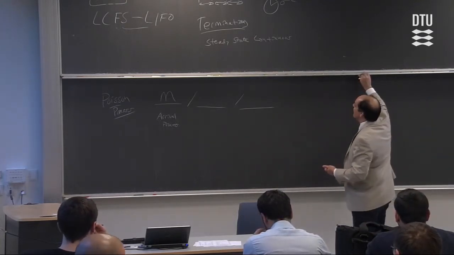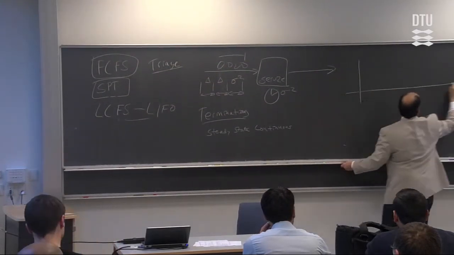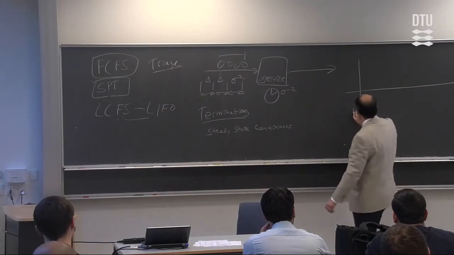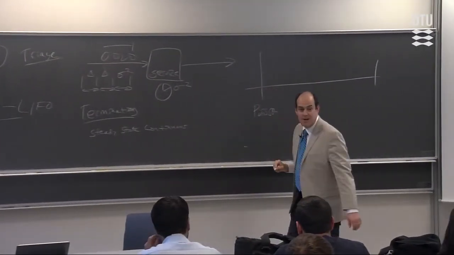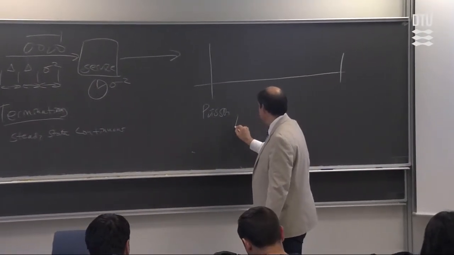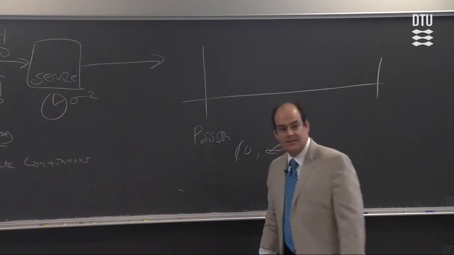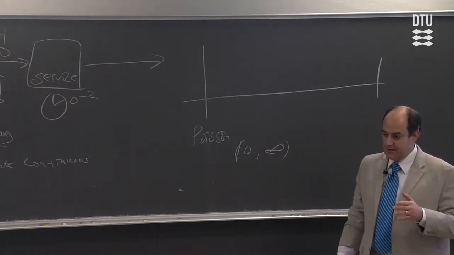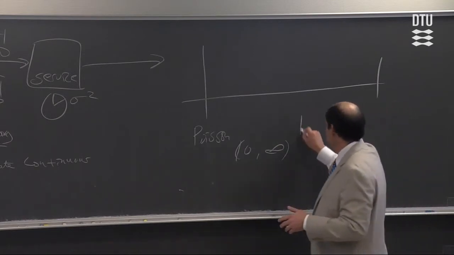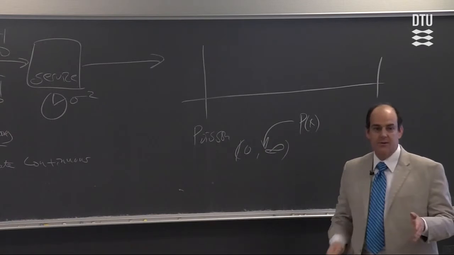So, Poisson process. The Poisson distribution has a domain of 0 to infinity. That is, the values of x can be from 0 to infinity.